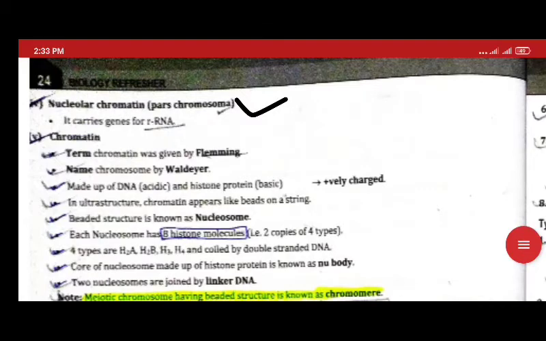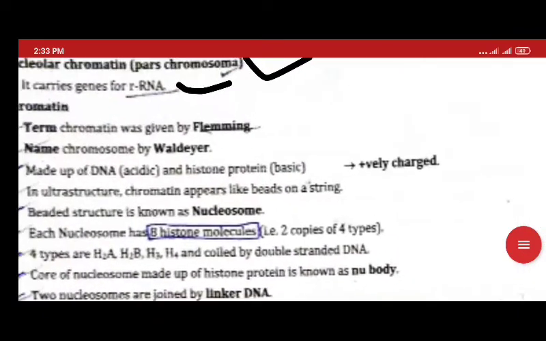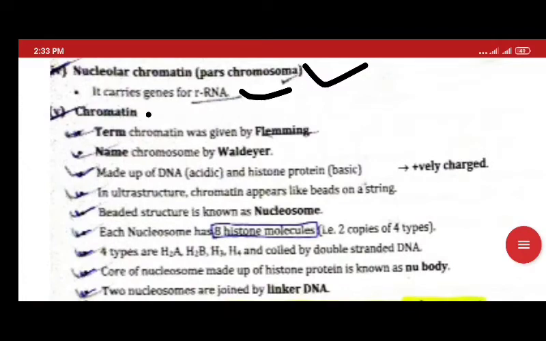The nucleolus contains rRNA, so it is the ribosome factory of the cell. Now chromatin is the fourth part.